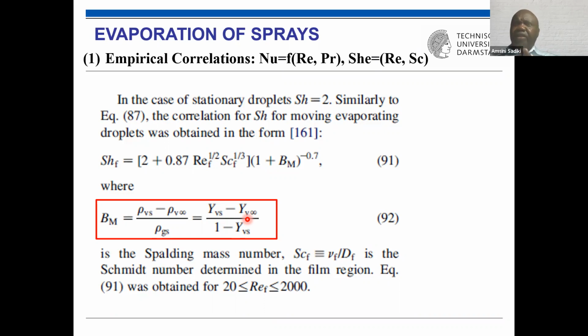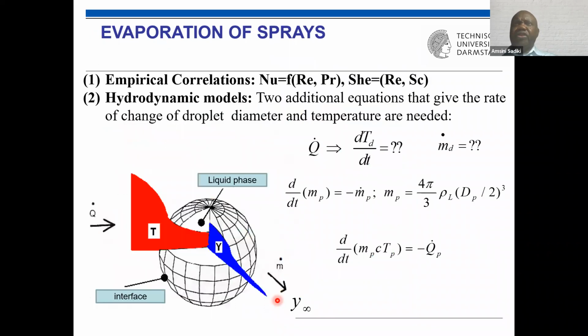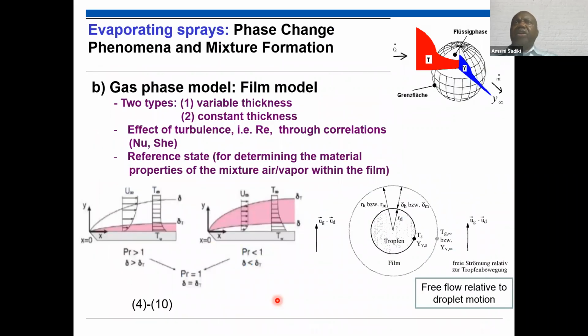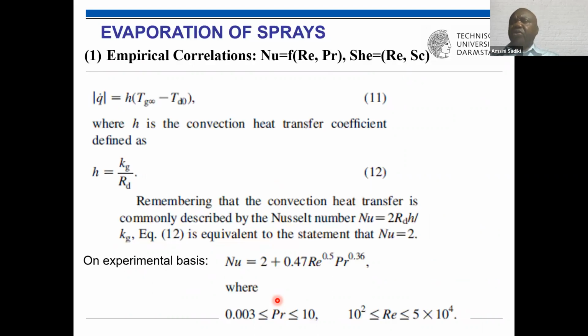The essential thing is to get the expression and to have them as we do here. This expression is not only valid for this range of Reynolds number. This is the first way to account not only for the turbulence but also for the transfer of mass or transfer of heat.